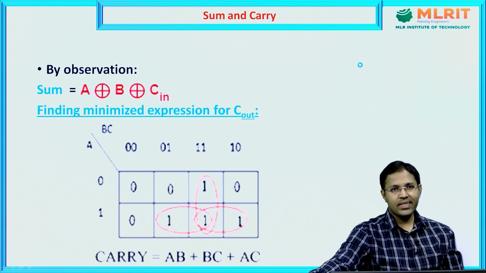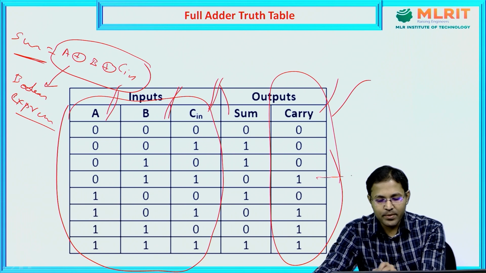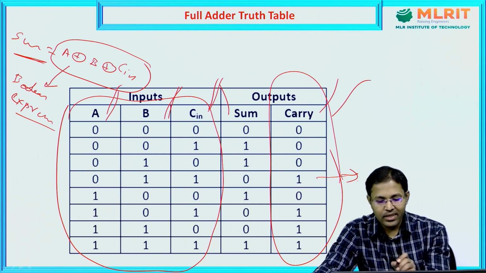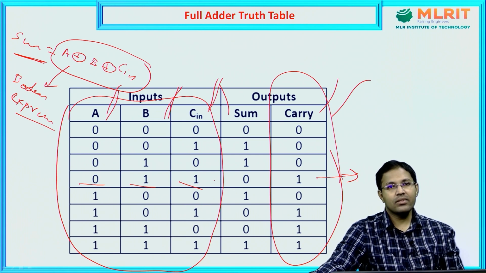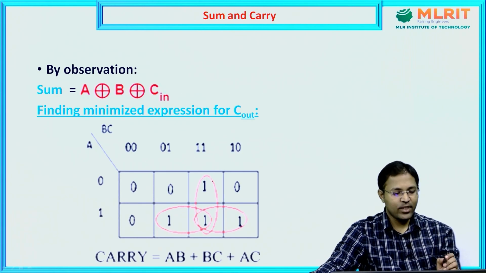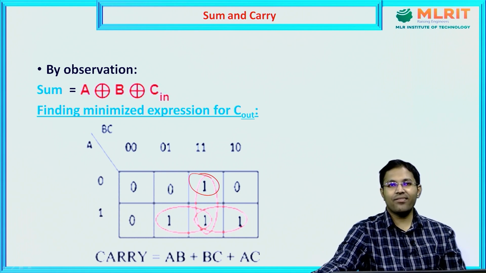So let us see where all we have ones. This position we have 1. What is that position? A is 0, B is 1, C is 1. So where A is 0, B is 1, C is 1, here we need to put a 1. We have written a 1 there.